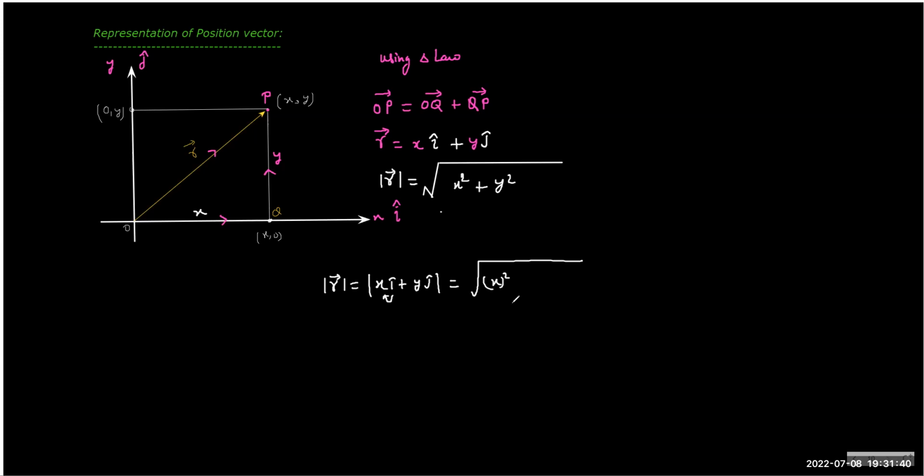What is coefficient? The number which you multiply with I and j. Understood? So what do we write here? Okay, I'll put a nice way of writing.